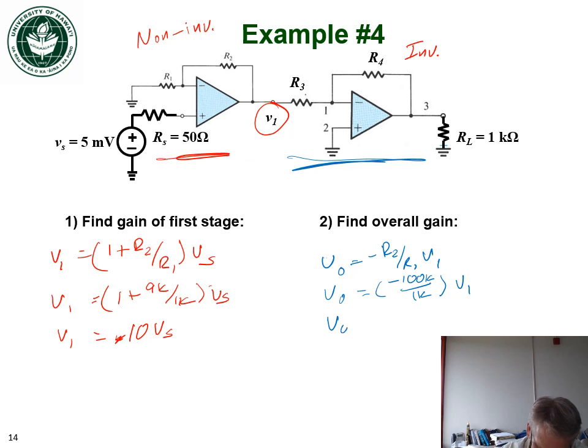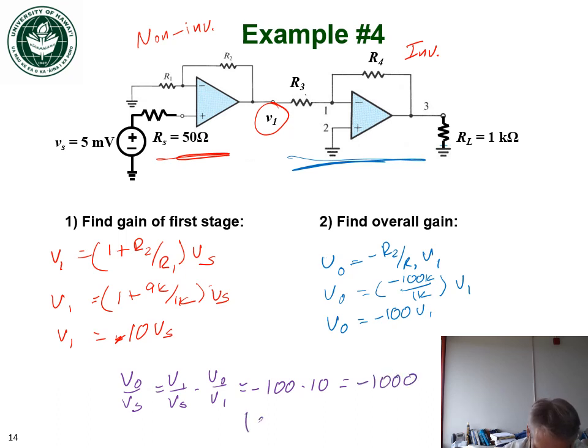In other words, V out is equal to minus 100 V1. And so if we combine these two, we can write that V out over Vs is equal to V1 over Vs times V out over V1, which would be minus 100 times 10, which is minus 1,000. Or in other words, the magnitude of the gain is greater than or equal to 1,000.